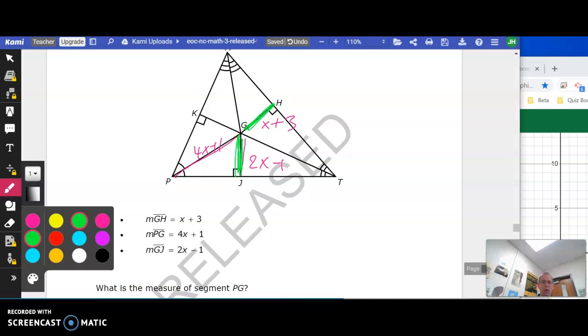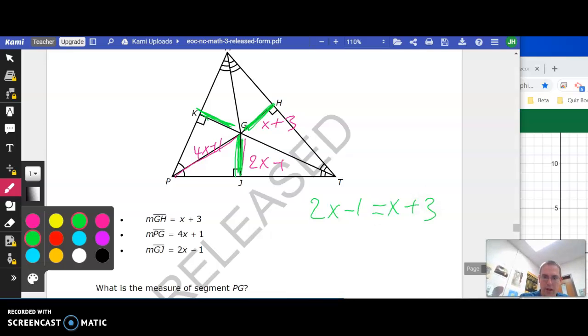The reason they are equal is those are intersecting points on that triangle. So this point here in the center of this triangle where all the angle bisectors meet, it is equidistant from all the sides. So all three of those lines there are actually equal. But I can use the fact that 2x minus 1 should be equal to x plus 3.